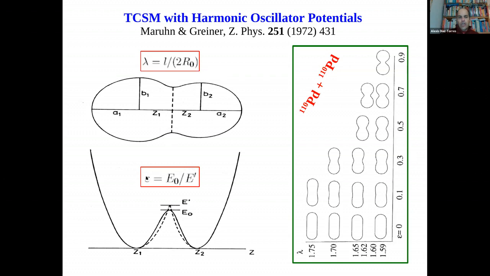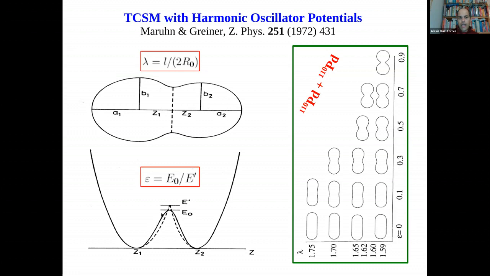Associated with this, there is a neck parameter, which is defined as a ratio of two values of energies. Epsilon prime: if we intersect the two parabolas, the two harmonic oscillators, there is an intersection value of the energy. The other value is associated with an extrapolation in the region between the two centers of the harmonic oscillators.